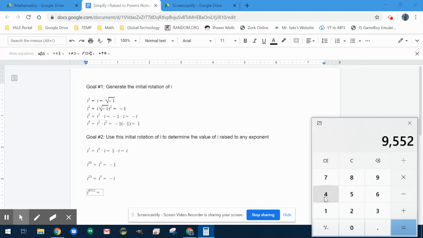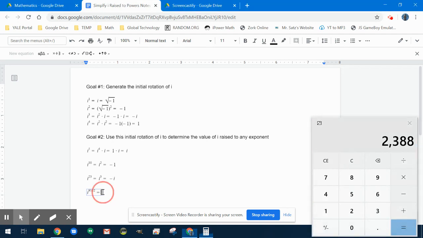Always divide by 4. Not in life, but for these problems. We divide by 4 and we find out that there is no remainder, no decimal. That number, 9,552, is perfectly divisible by 4. That means that this is the same as i to the 4th power, one of them, because it just keeps going around. And now we know that that is just equal to 1.